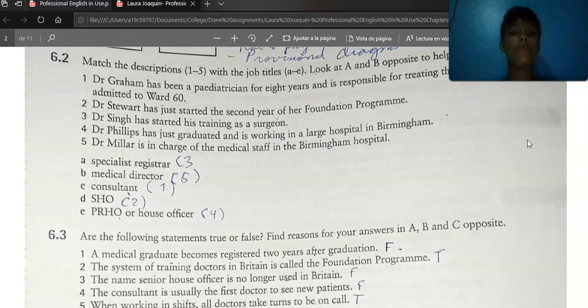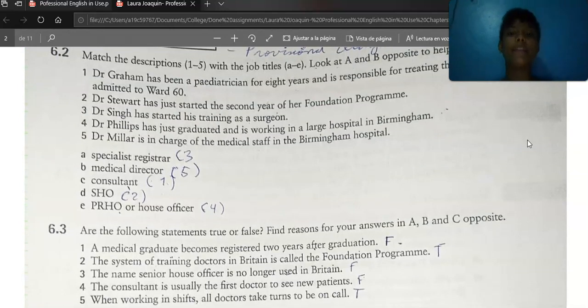Dr. Graham has been a pediatrician for 8 years and is responsible for treating the children admitted to Ward 60. That should be a consultant. Dr. Stewart has just started the second year of her foundation program. That's the SHO.